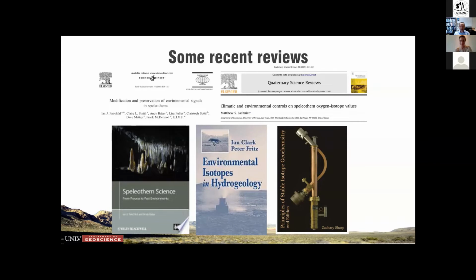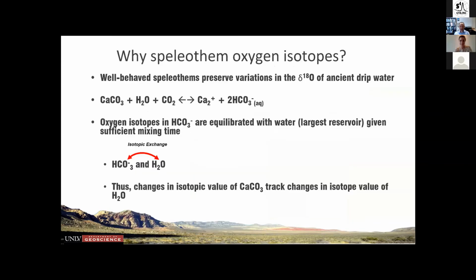So really, this is looking at the primary causes of oxygen isotopes in the climate system. Now, we're looking at speleothems, of course, because we're interested in reconstructing something about paleoclimates or paleoenvironments, or even the cave processes themselves.